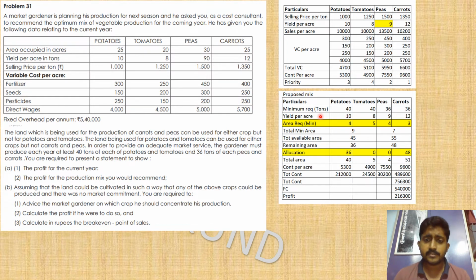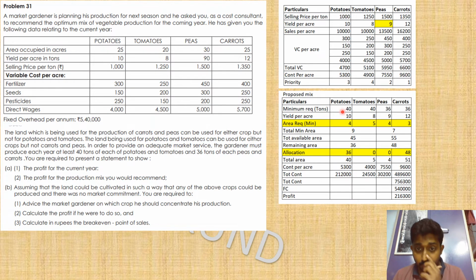And the yield per acre is given in the question: in 1 acre, how much ton can be produced. So we have the minimum required tons and the yield per acre. Minimum required tons divided by the yield from 1 acre gives the area required for the minimum requirement.